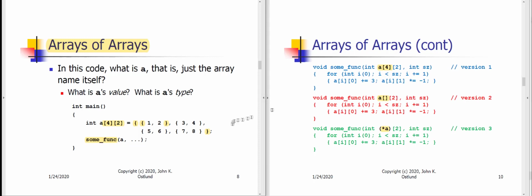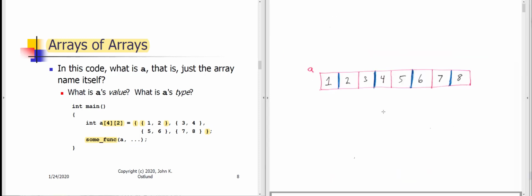Okay, let me back up to slide 8 here and show some diagrams of this array so that we can talk about how to access various elements and how to understand various pointers into this array. So here is my array A. A is an array of 4 things.